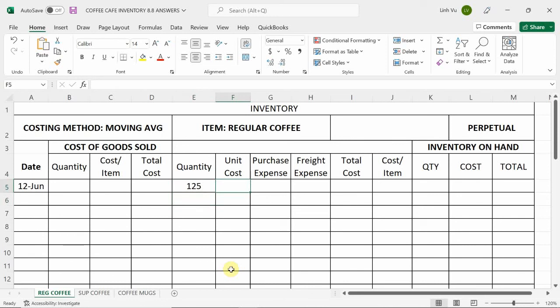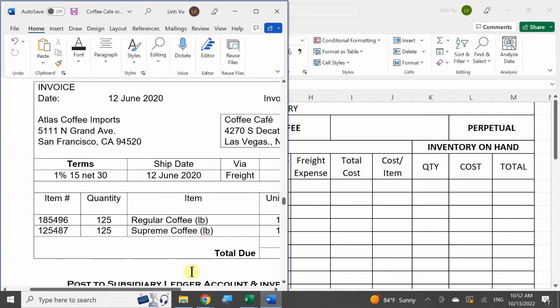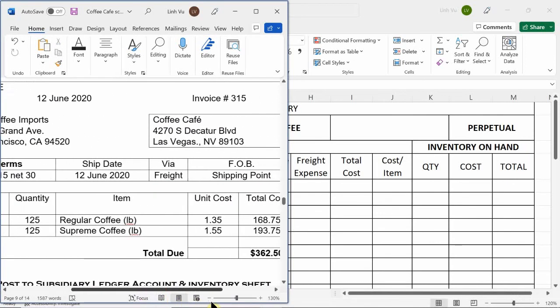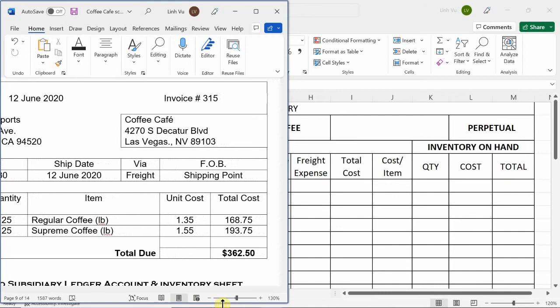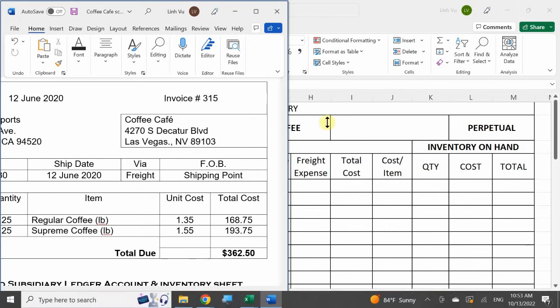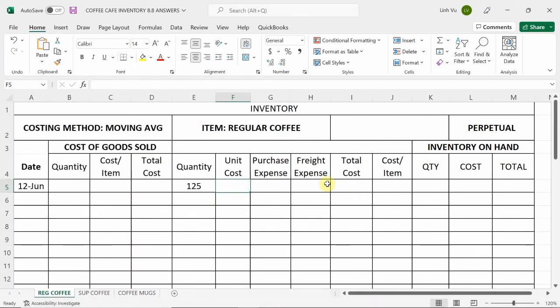What is my unit cost for my regular coffee? My unit cost is $1.35 per pound.